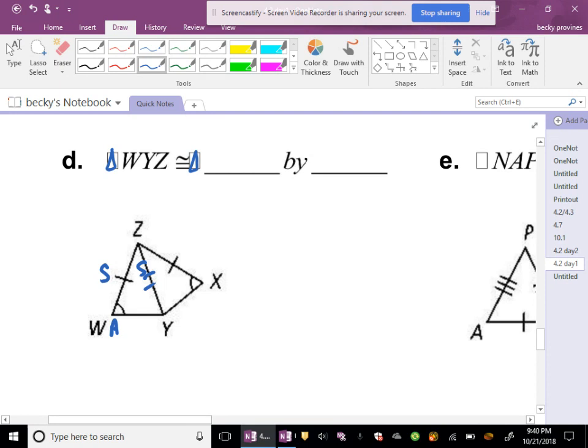So is this side, angle, side, or is it donkey? The angle is not in the correct place, so this one doesn't work. It's NEI. So make sure you don't fill in the congruency statement, because you don't fill it in if they're not congruent.